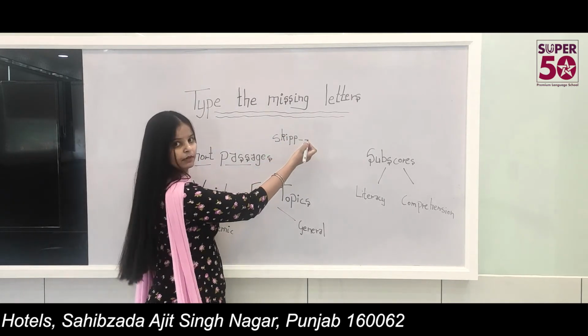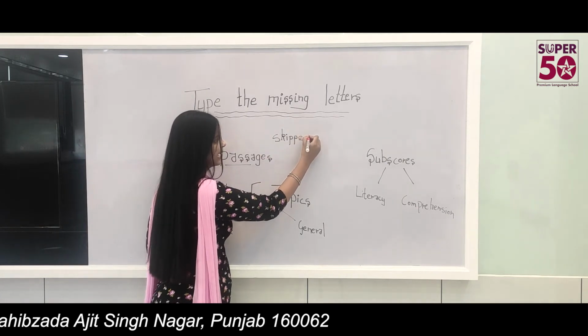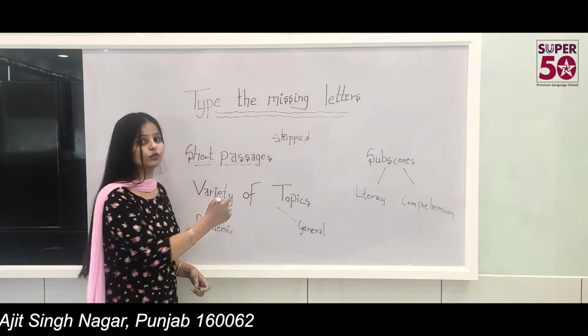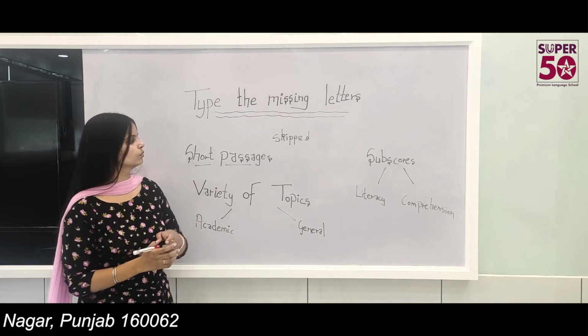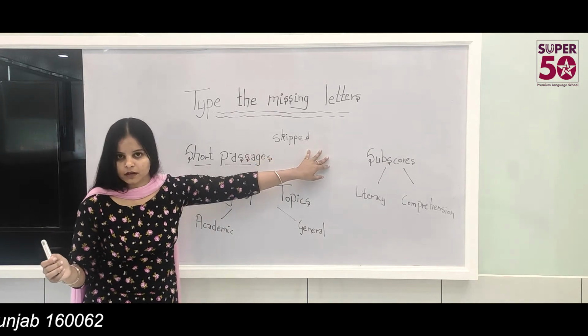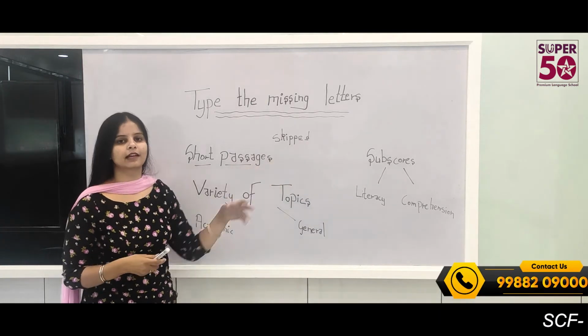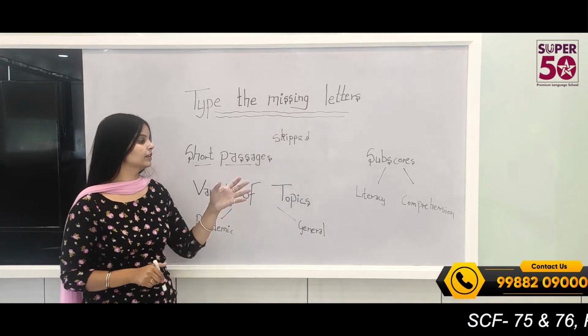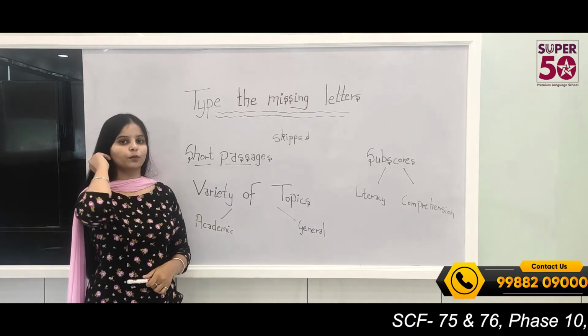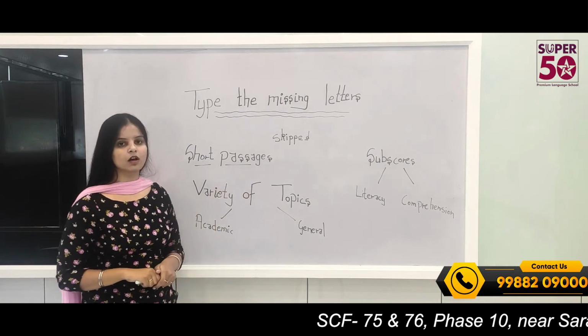Here it will be "skipped", E and D. Here you will come to know that ED will come. So this is related to tense, as well as your grammar. So be careful of these things also.